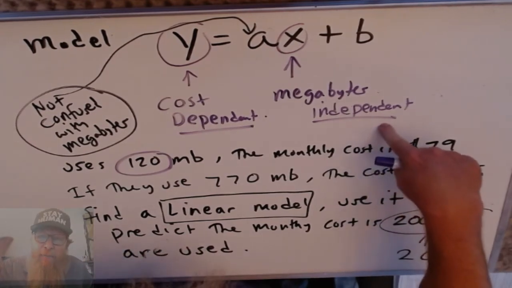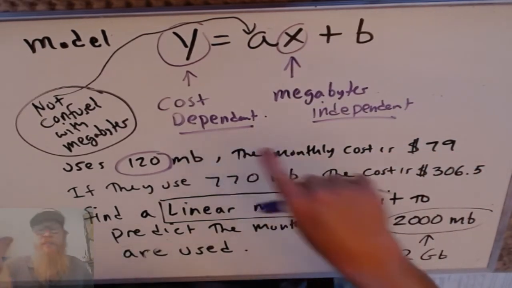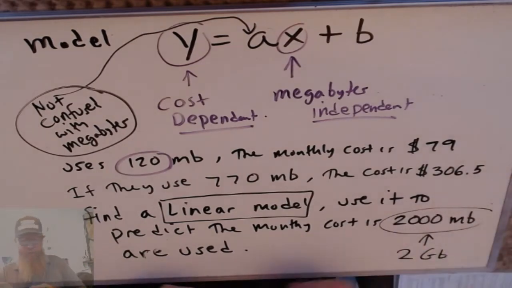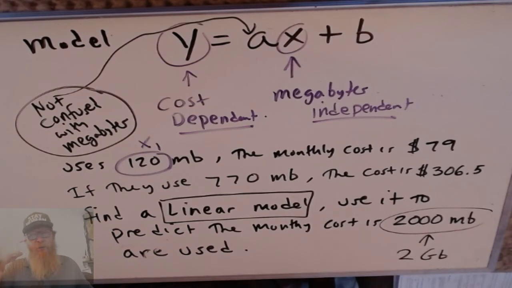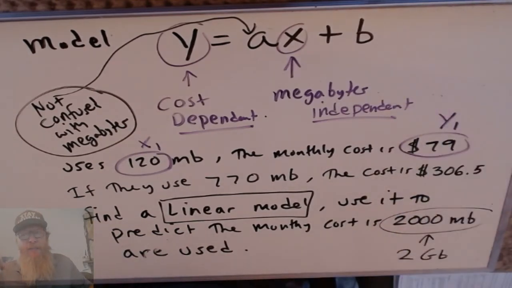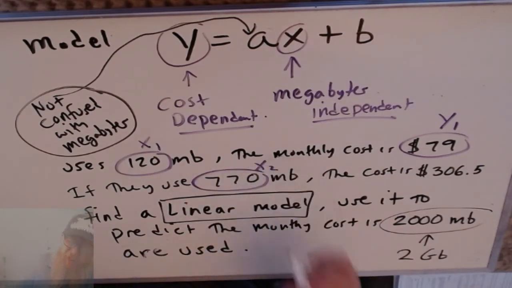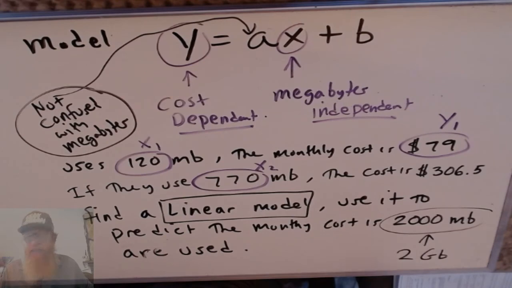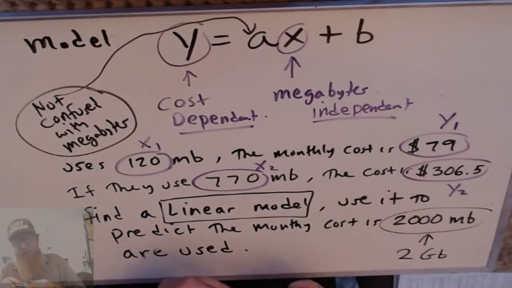So the megabytes are independent, the cost is dependent. Cost depends on megabytes. So I've got my X1 is 120. My Y1 is 79. My X2 is 770. And my Y2 is $306.50, or you could say 306.5.